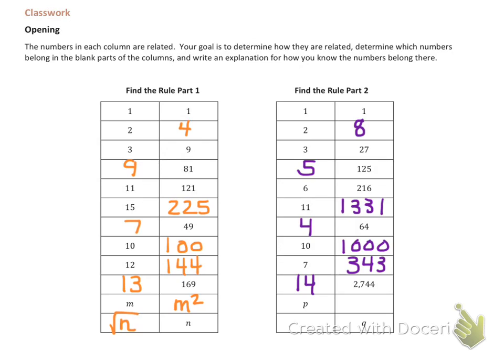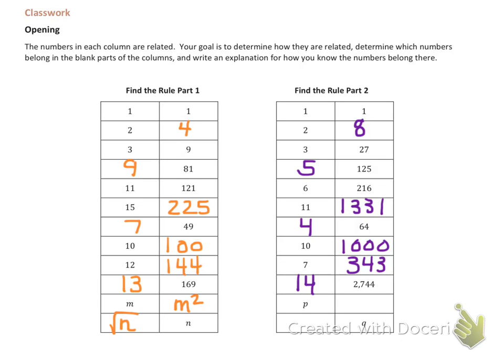So for this second one, your explanation could be something like, given a number in the first column, I take the cube of the number, or I multiply the number by itself 3 times, use it as a factor 3 times, to get the number in the third column.